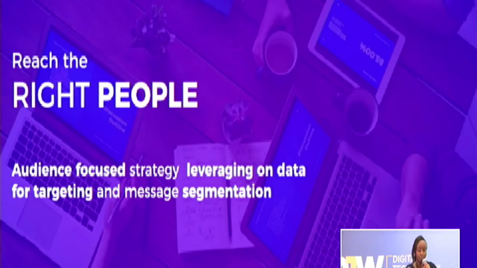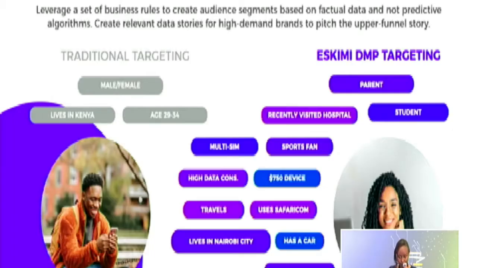Rich media helps you reach the right people, the right audiences, focused on strategy, and you're able to leverage data for targeting and message segmentation to your different audiences. When it comes to reaching different types of audiences using a programmatic advertising platform, there are so many ways to target an audience.